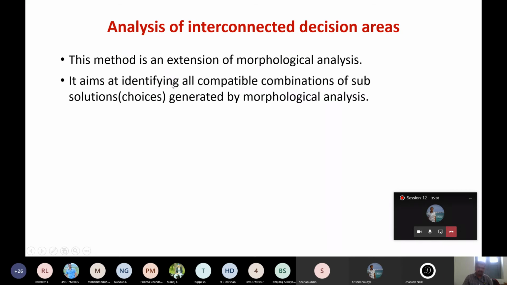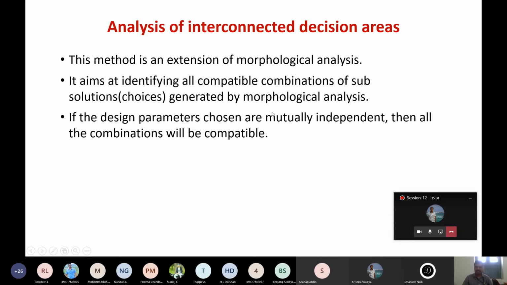It aims at identifying all compatible combinations of subsolutions generated by morphological analysis. Compatible means workable, feasible solutions. If the design parameters chosen are mutually independent, then all the combinations will be compatible.